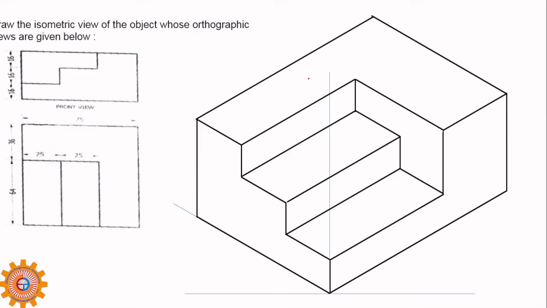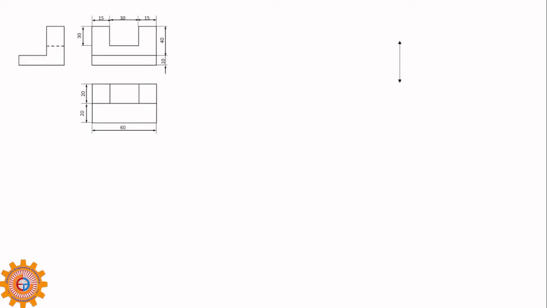This is the top. You can draw it any orientation, either of these two. Got it? And you have to draw the dimensions parallel to that. Now it is in first angle projection, that is the front view, that is the top view, and this is the right side view.